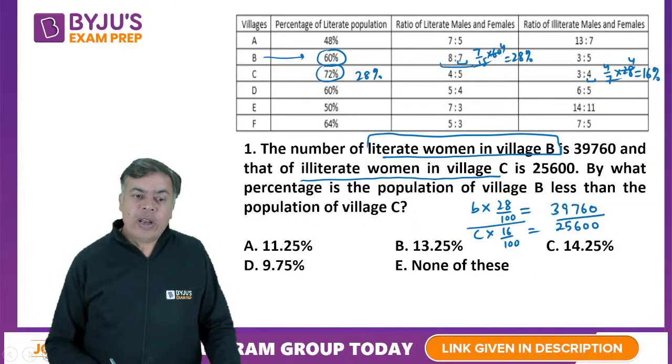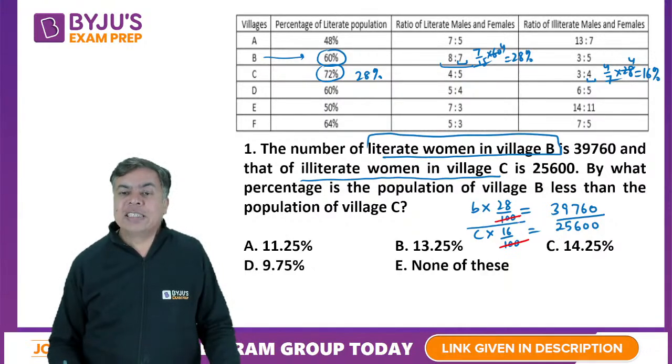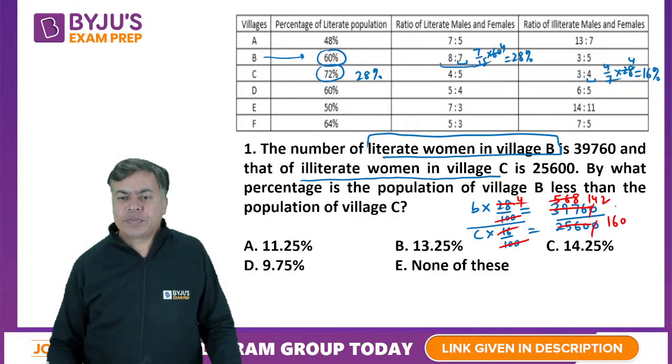Now I will just take this ratio. 100 cancels, the zero cancels, and 16 into 16. 28 I can cancel with 7, so 7 into 4 and 7 into 5. So it is 142 by 160.